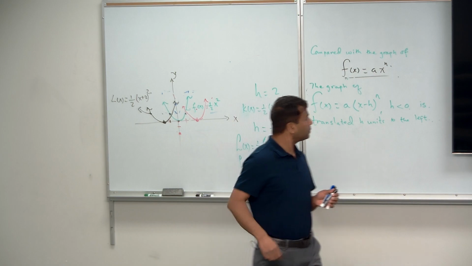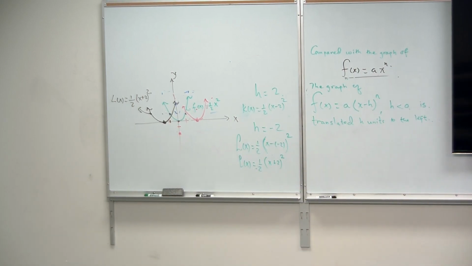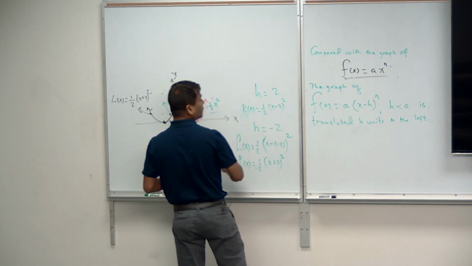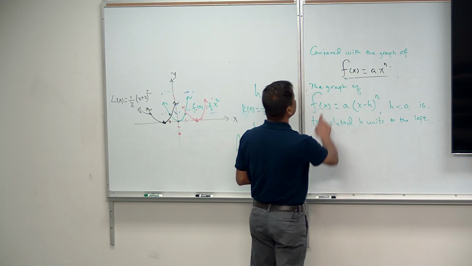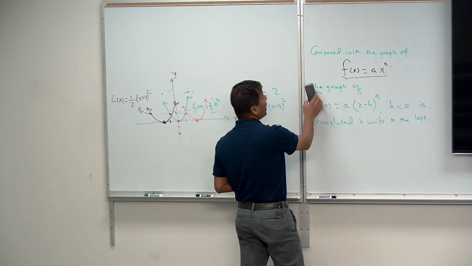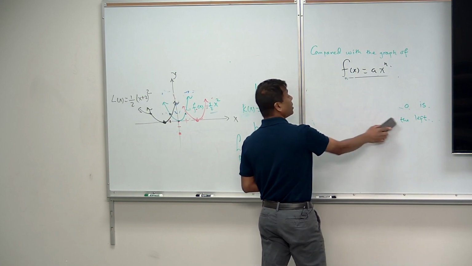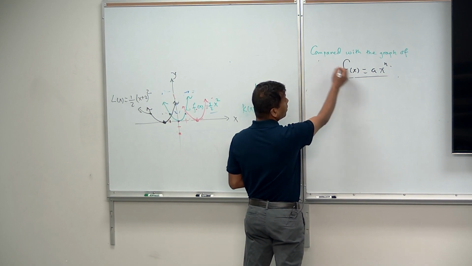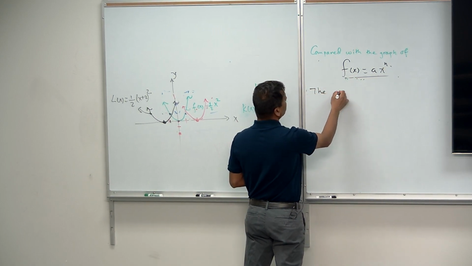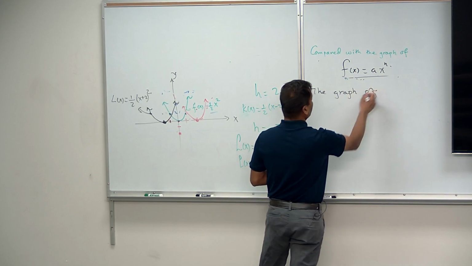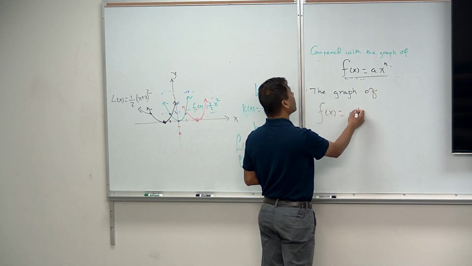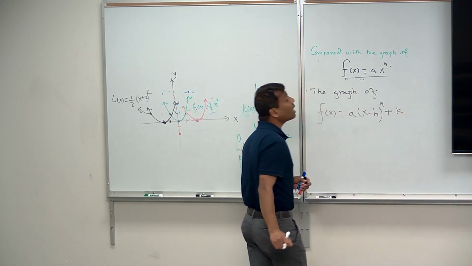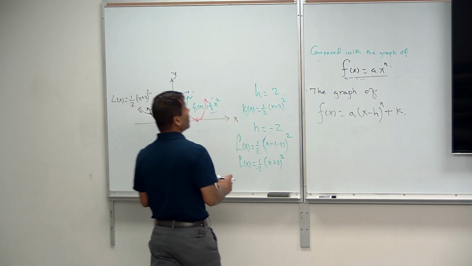So this is all about it. And then if you compare with the graph of f(x) equals a x raised to the power n, the graph of f(x) equals a(x minus h) raised to the power n plus k is the combination of these translations.